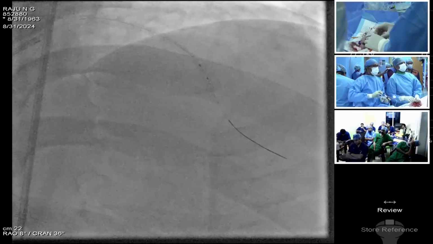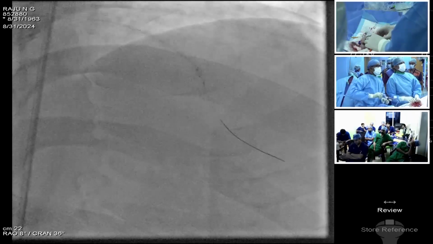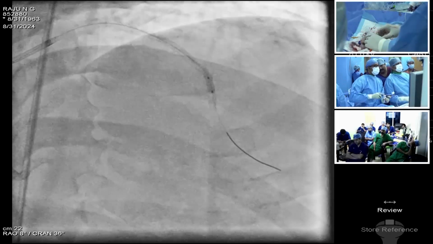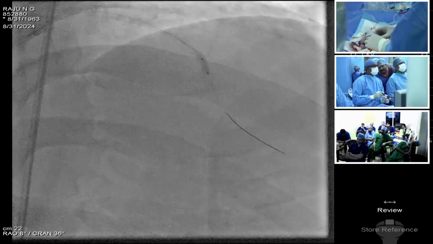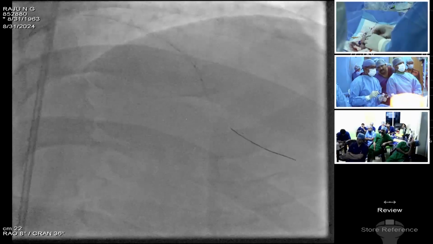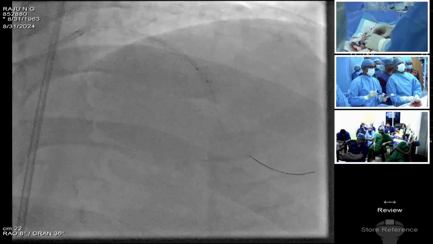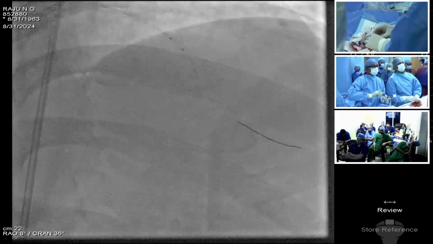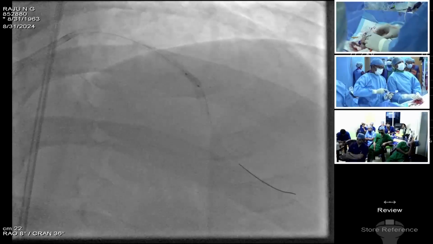Yes. What Silakar? 10 milligram, slowly. Okay. Now we'll go with the 3 balloon. 18, 20.